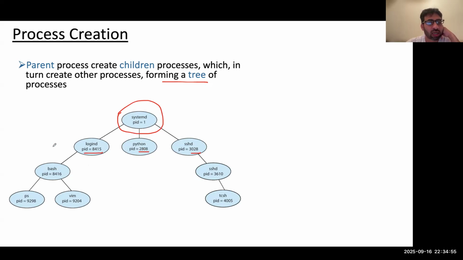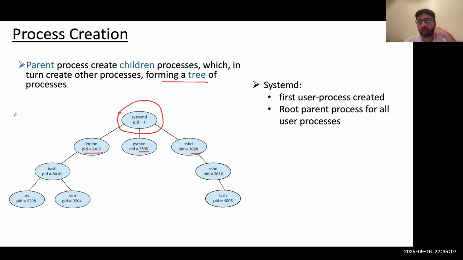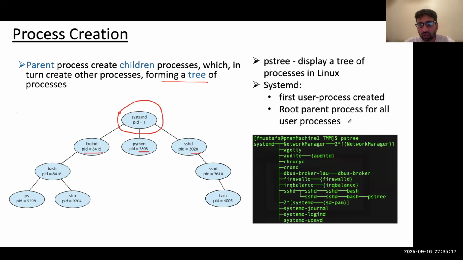So at the end we have a tree, and in this tree representation, we can see all the processes are related to each other in a parent and children relationship. systemd is the first user process created, and it is the root parent process for all the user processes in your system in case of Linux.